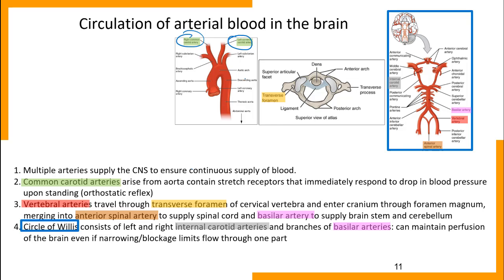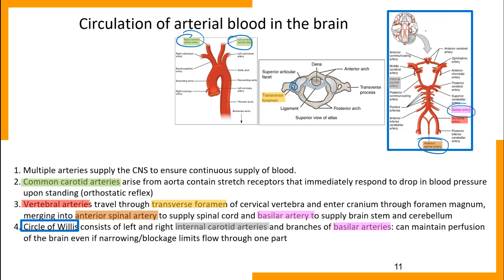You've got the vertebral arteries, which travel within the transverse foramen of the cervical vertebrae and enter the cranium through the foramen magnum of the occipital bone, and it merges into the anterior spinal artery and the basilar artery.